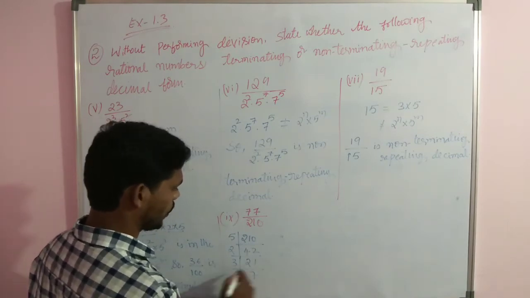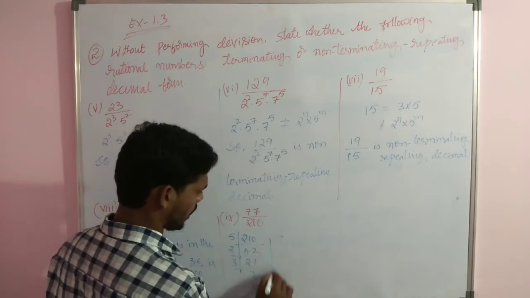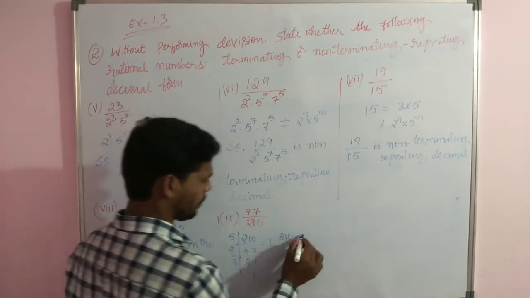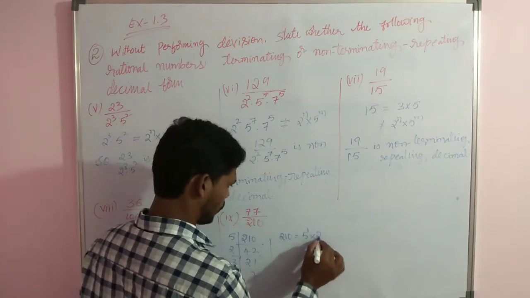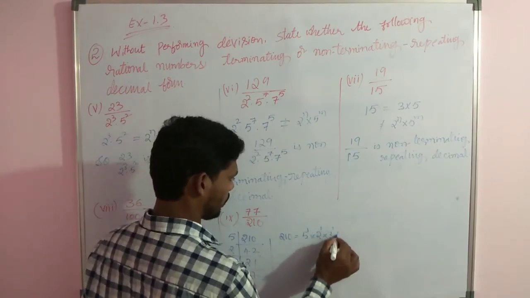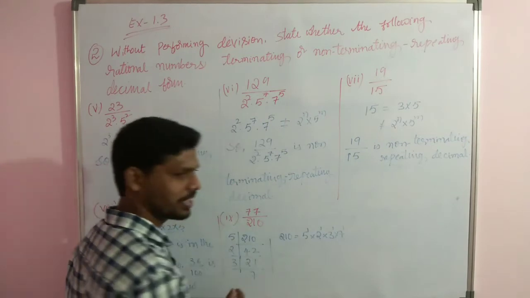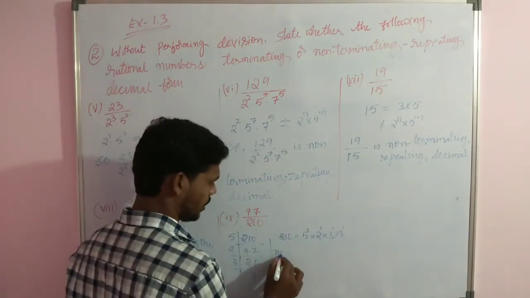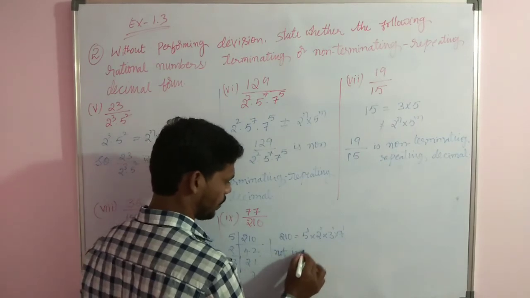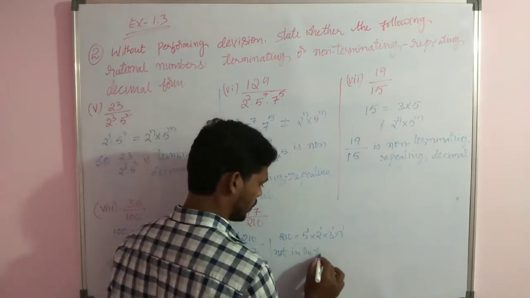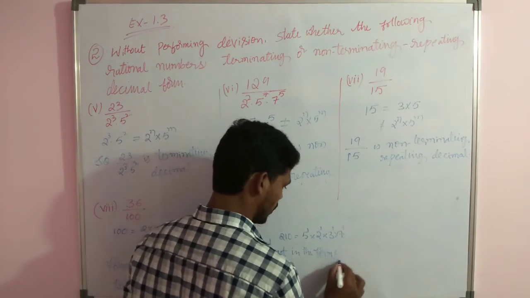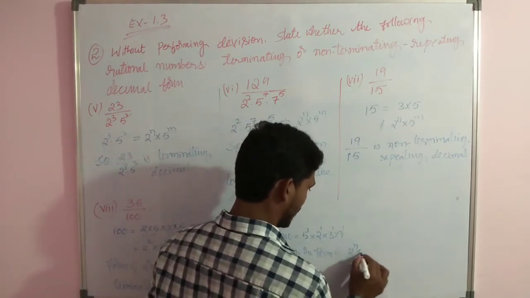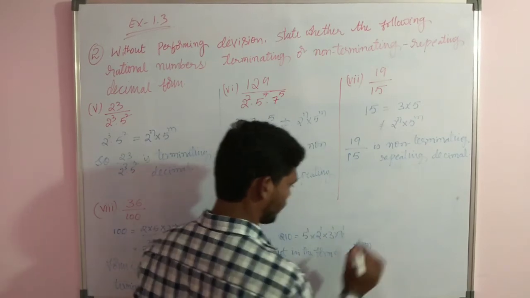So this 210 can be written as 5 power 1 into 2 power 1 into 3 power 1 into 7 power 1. This also is not in the form of 2 power n and 5 power m.